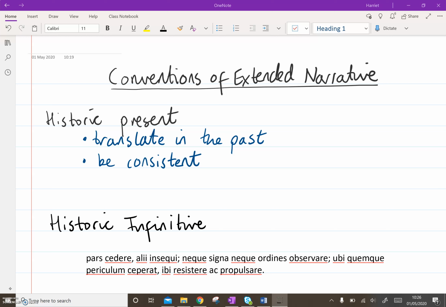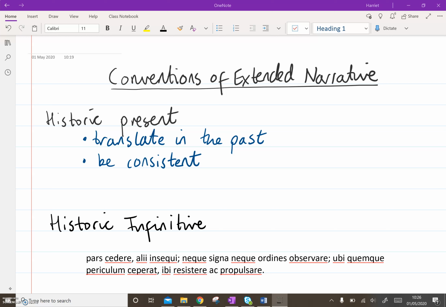Basic rules are translate it into the past, unless you think it's not a historic present, it's just a present tense. Obviously, if someone's speaking, it's quite likely that the present tense should be present tense. And the main thing is be consistent. Soon we'll start translating poetry, and quite often poems are in the historic present.